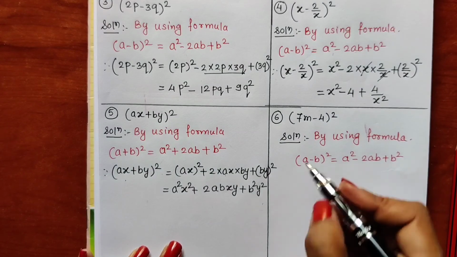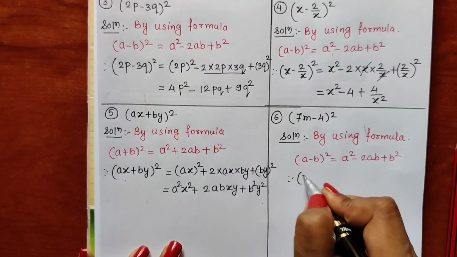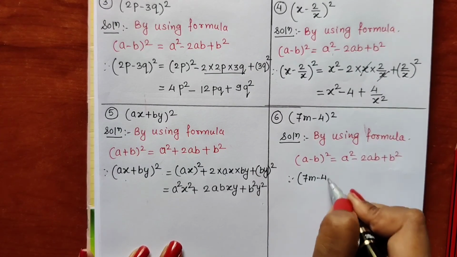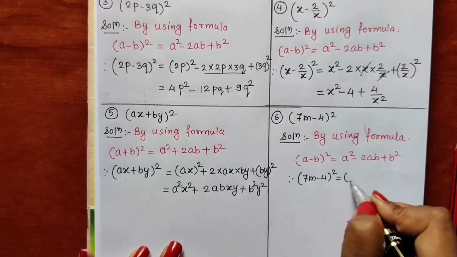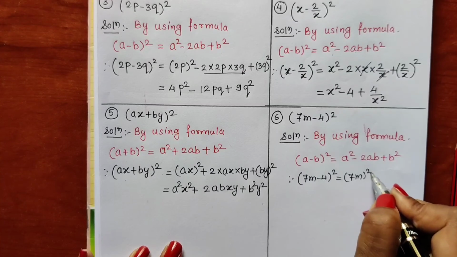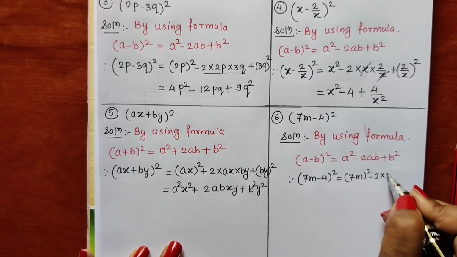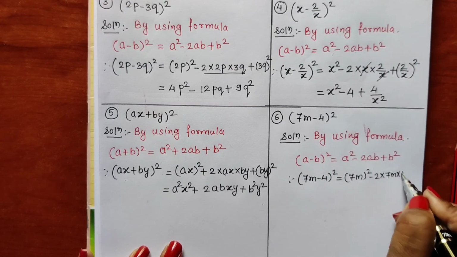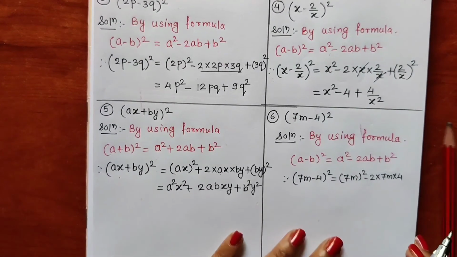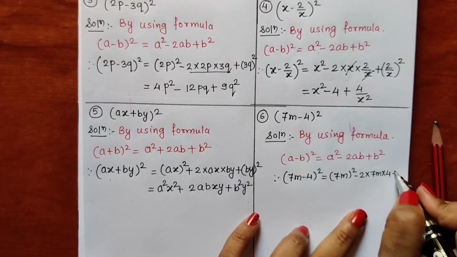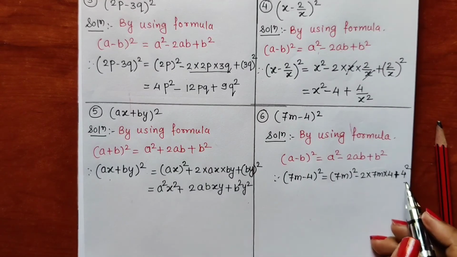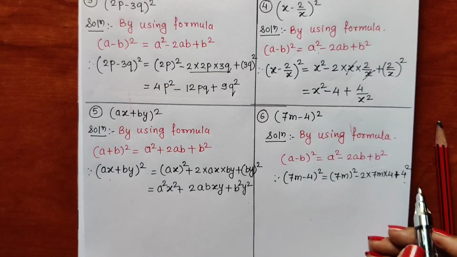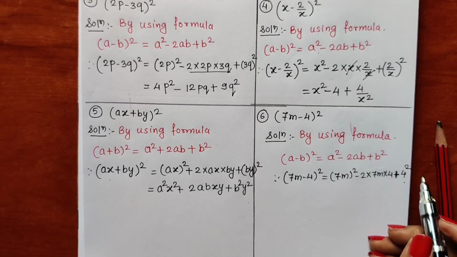Now we will put our question (7m minus 4) square. Now first term square, first term is 7m, so (7m) square minus 2 multiply by first term multiply by second term is 4, and then plus second term square, second term is 4, so 4 square we can write directly, only single number is there, so we don't require to put it in the bracket.